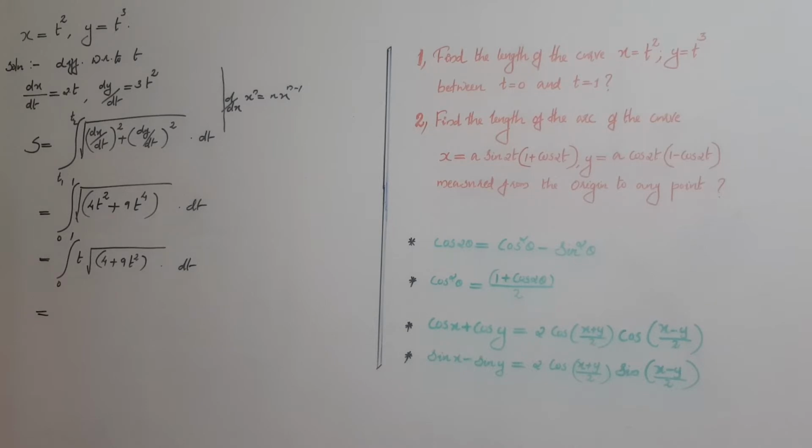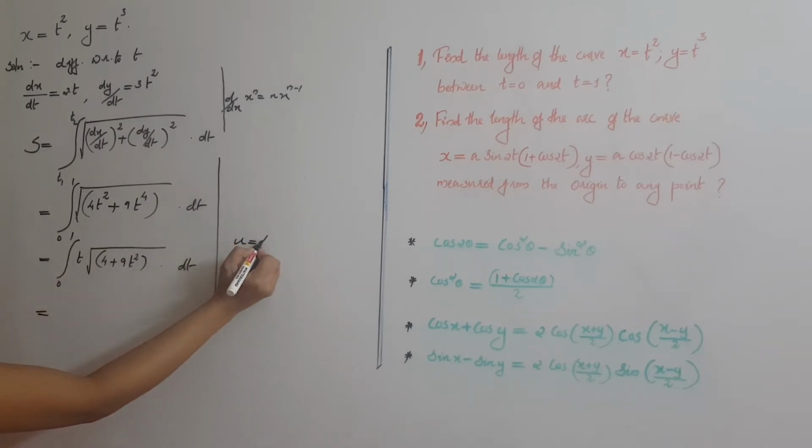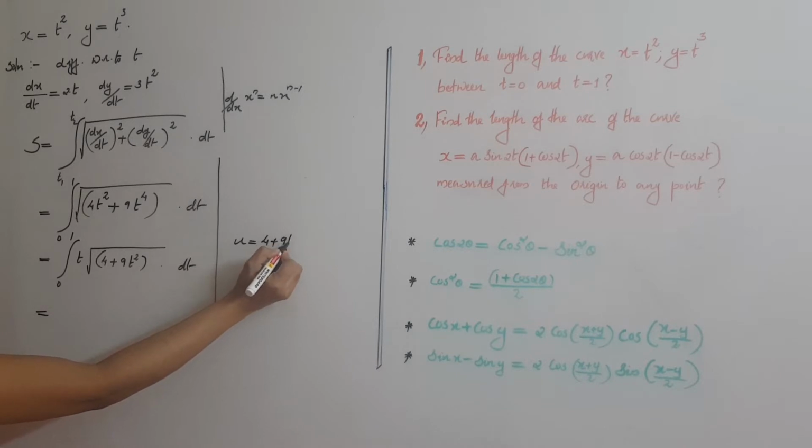Now put some variable u is equal to 4 plus 9t square.